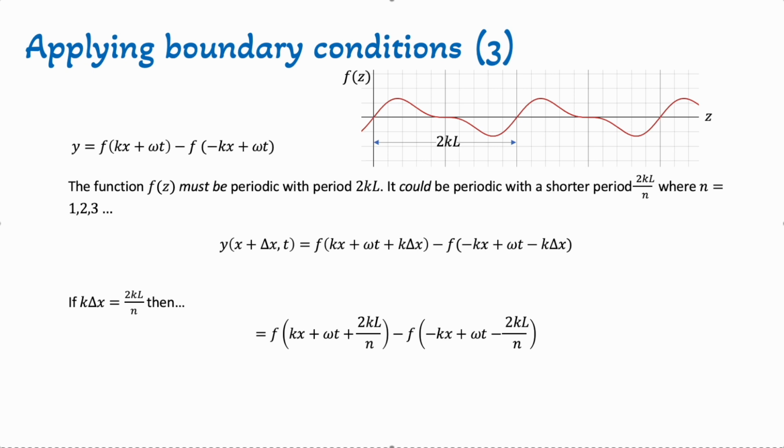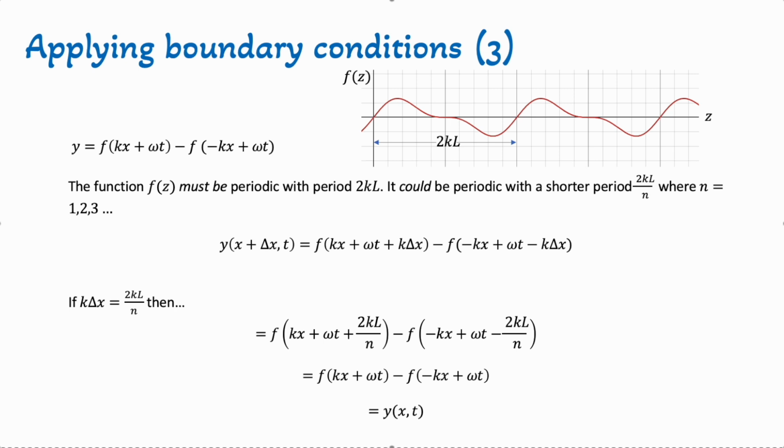So this first term, f of kx plus omega t plus 2kL over n, is just the same as the first term here, f of kx plus omega t. And similarly, this bracket has been stepped back by 2kL over n, and if the function repeats itself every 2kL over n, then a step back of that amount must also give the same value. So we can say it's equal to this, which of course is just y of x and t.